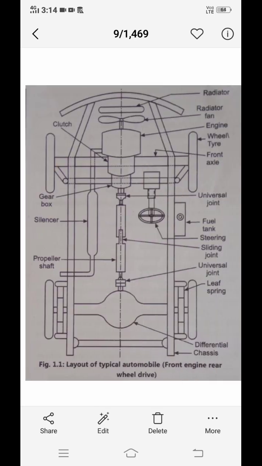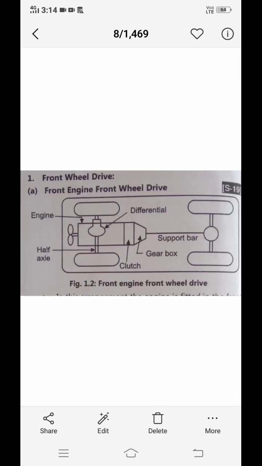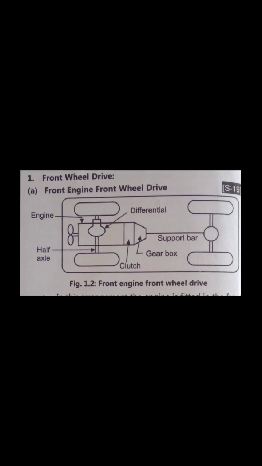Now first is front engine, front wheel drive. Here we can see the engine is located in the front side of the vehicle. You can see here the differential is also in the front, because the wheel drive is at the front.